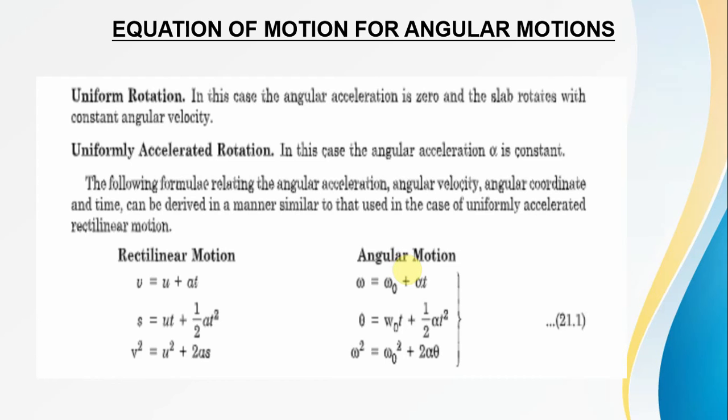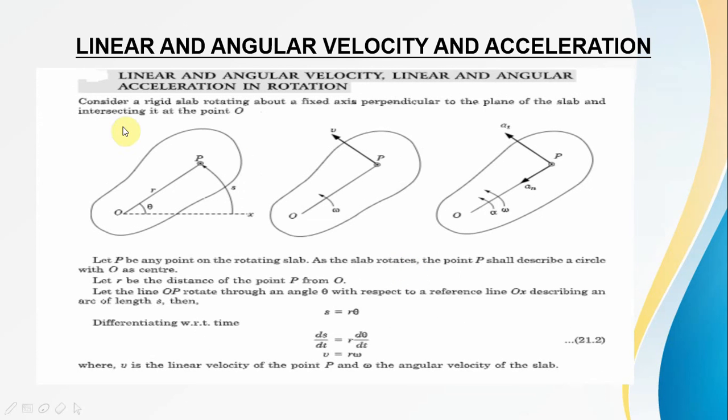Now let's go ahead. Let's discuss linear and angular velocity and linear and angular acceleration. Let us take a case. There is a rigid body which rotates from this horizontal position to this position at angle theta from horizontal, right?